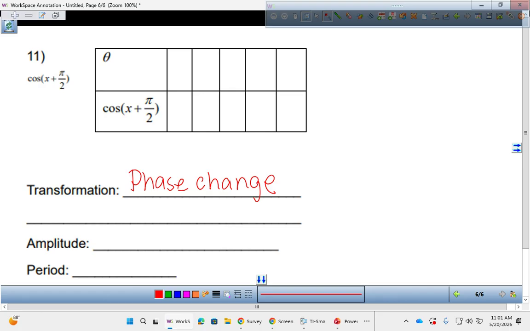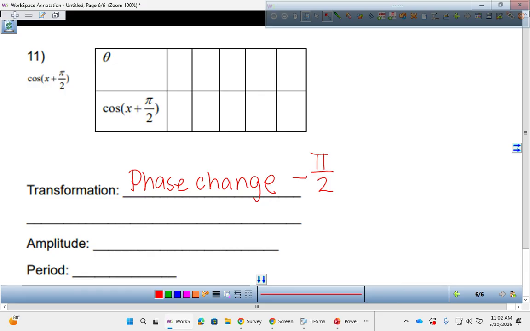And so that makes all of the numbers get more negative. So we'll call it a phase change of negative pi over 2. Meaning I'm going to take all of the original x values and I'm going to subtract pi over 2 so that I'm picking them up and moving them all left towards the negative direction.